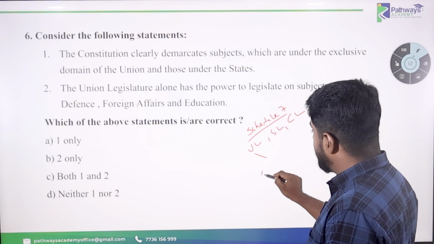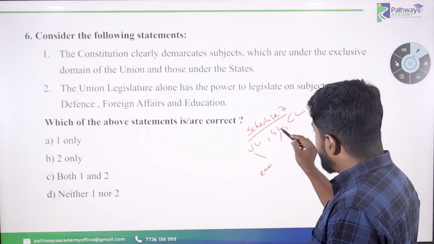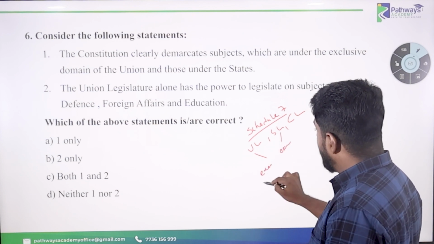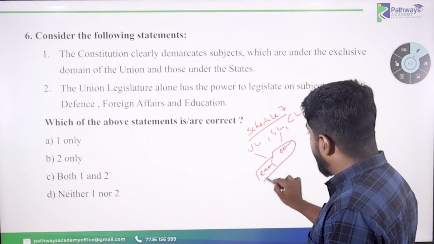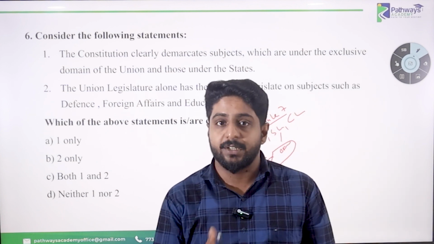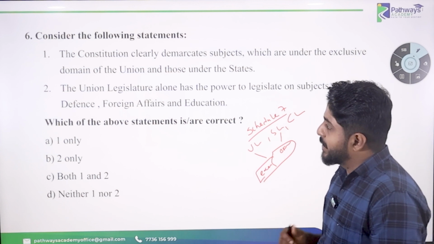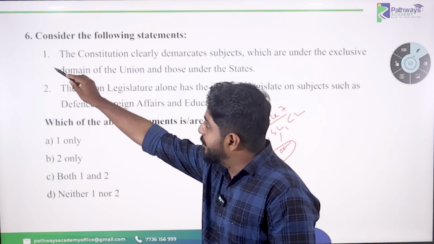Union list exclusively for the center, state list exclusively for the states. So there is a clear separation of legislative subjects, isn't it? The first statement is correct.